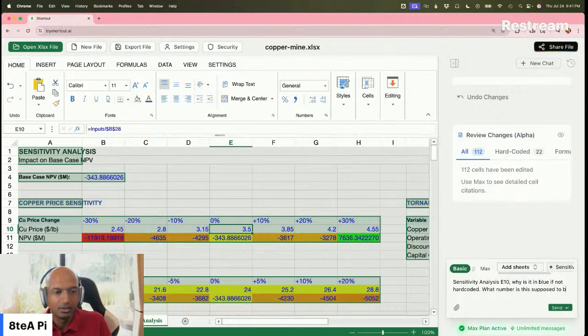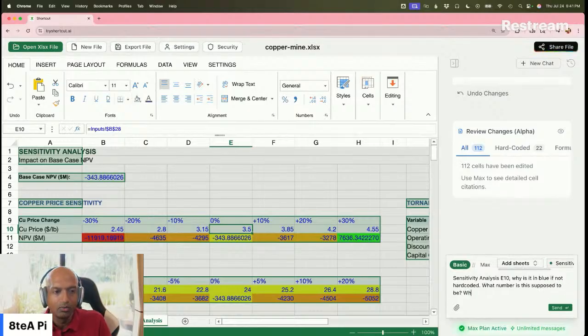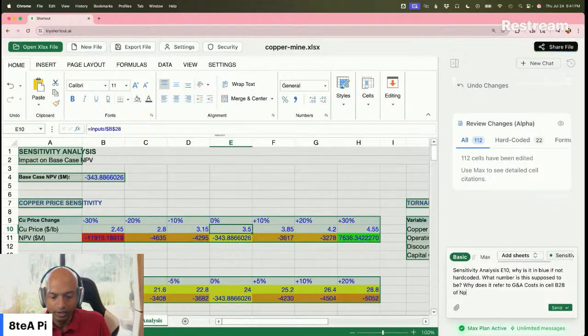Where should it come from? Why does it refer to G and A costs in cell B28 of inputs?